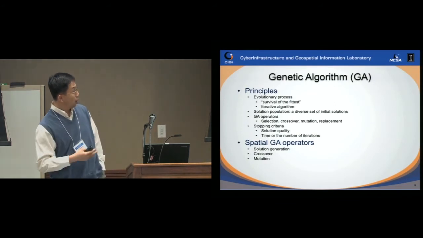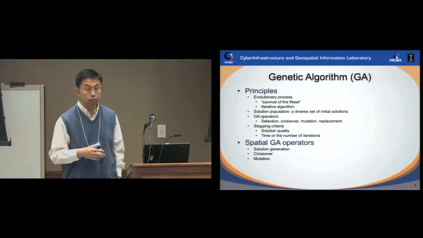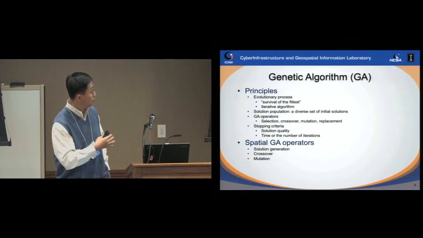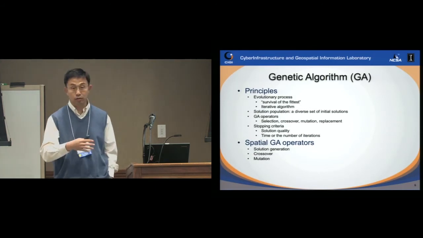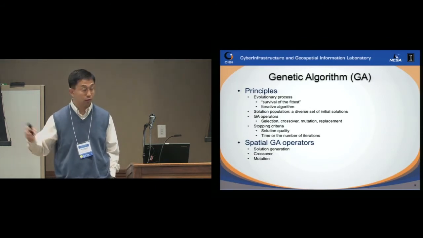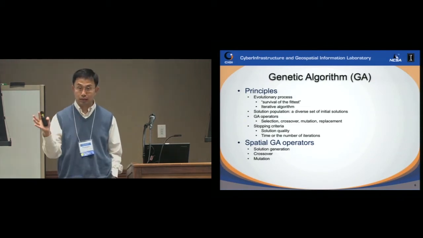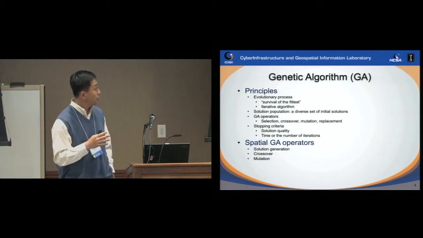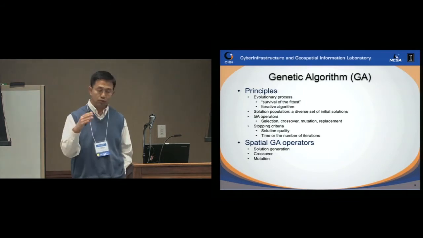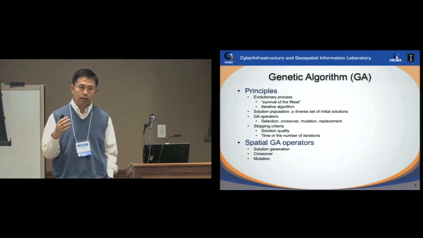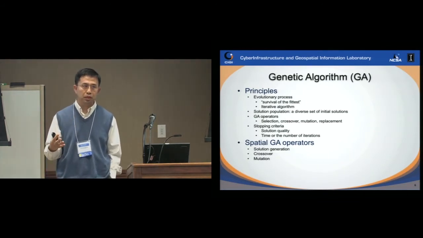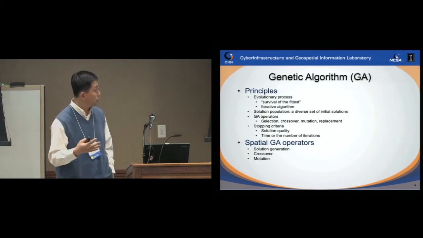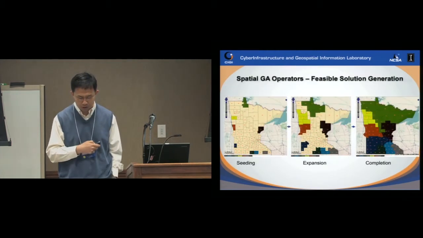And very quickly, for those of you who are not necessarily familiar with genetic algorithms, this is survival of the fittest. It's an iterative algorithm going through many, many iterations. And you have some very basic operators such as selection, crossover, mutation, and so forth. But as you can see, we're solving spatial problems in our science, so we have to come up with spatial operators.